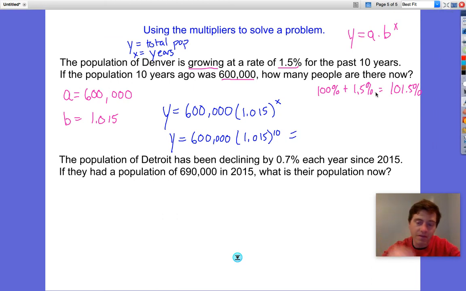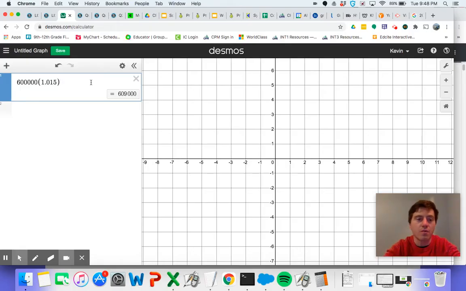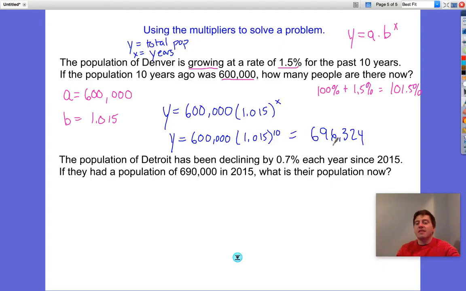It's going to be easier for me to plug that into a Desmos calculator. 600,000 times 1.015 to the 10th. 696,324 people, call it. And that would be your answer.